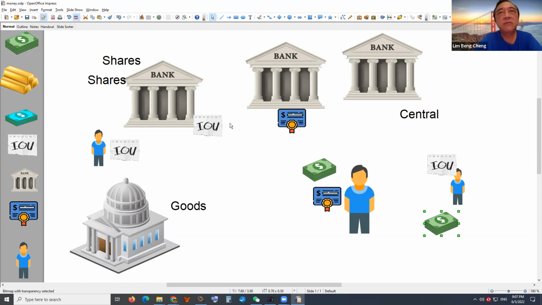Okay, so that's property. Now if you go back to shares, you find that shares is the easiest for the bank to invest the money in, and then earn money while the bank gives you an IOU. So you notice that in the US the shares keep going up and up.